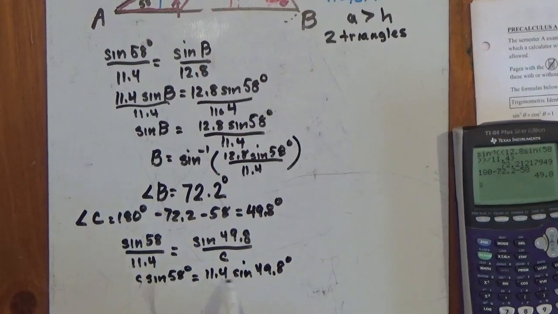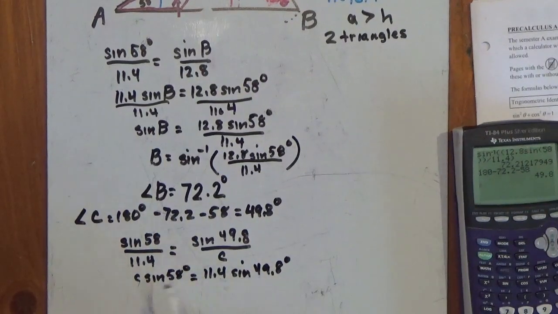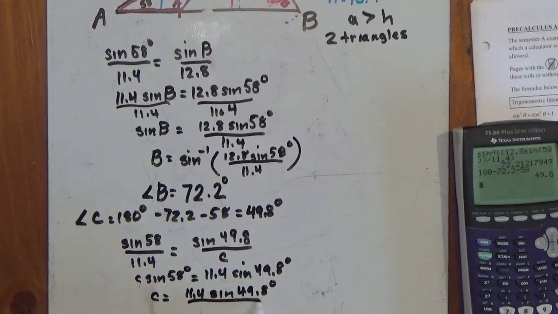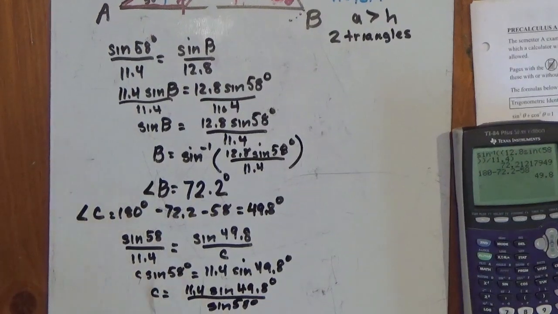Divide both sides by sine 58 degrees, so C is equal to 11.4 sine 49.8 degrees all over sine 58 degrees.